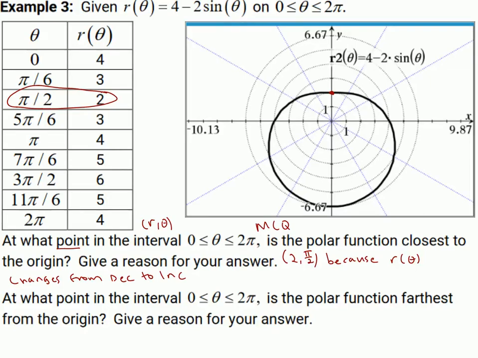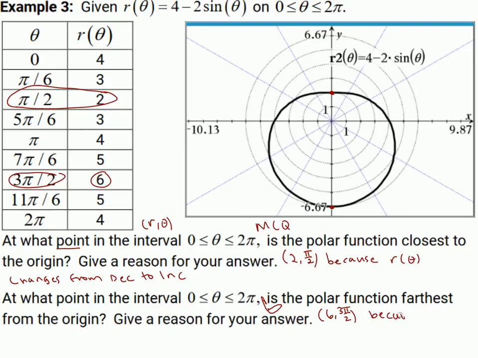Okay, so then what else could I do here? Well, do you think we can define the furthest point from the origin? And we absolutely could. Now graphically, that looks like it's this point out here, right? Well, what about on the table? Well, the biggest number on the table appears to be 6, right? Which corresponds with 3 pi over 2. So I can just say that it's 6 comma 3 pi over 2. And let me write why.